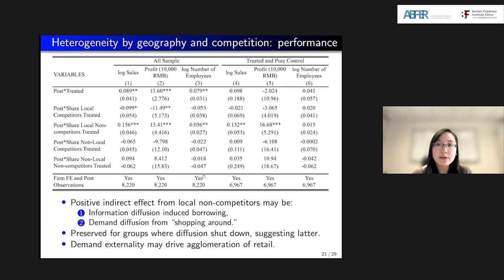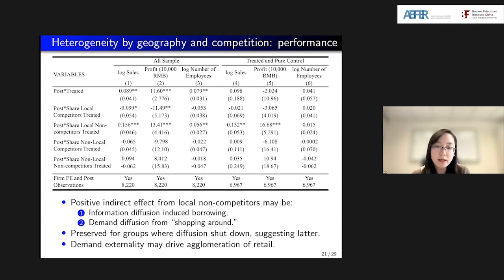And given this result, we then estimate the indirect effect from non-competitors in this table. In columns 1, 2, 3, we just redo the main estimation, but adding the indirect effect estimation from non-competitors, and we actually see a big and positive indirect effect from non-competitors. So the more that your non-competitors got treated in a market, the more it could generate some positive impacts on your business performance. And there could be 2 reasons for this.